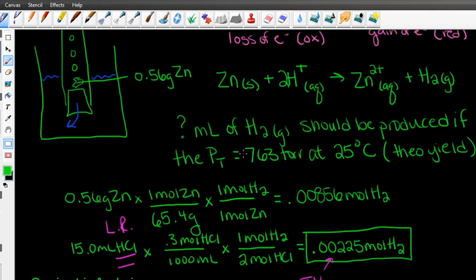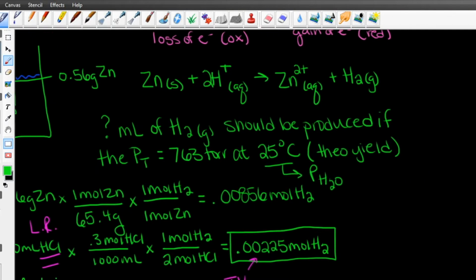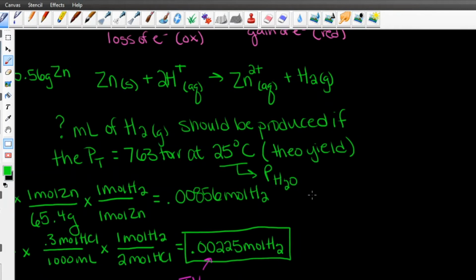That's a standard value we would have to look up. The water vapor pressure at 25 degrees Celsius is 23.8 torr.